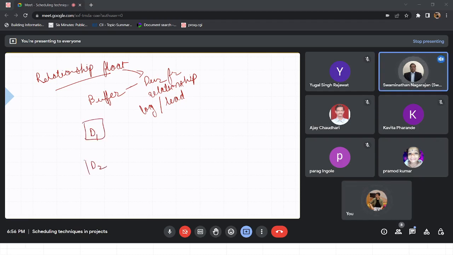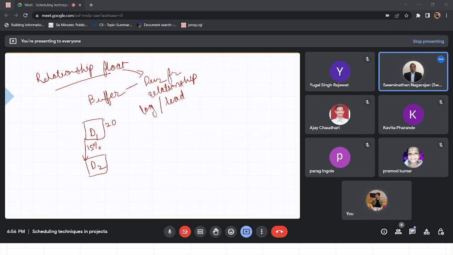D1 can start, D2 can start after 15% of completion, right? Let's say that D1's duration is, how much can we take? Take 30 days. Okay, or no, 20 is fine.